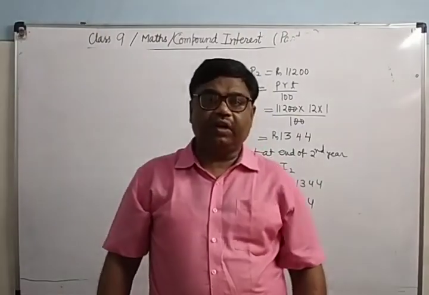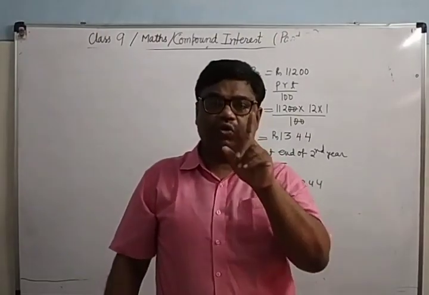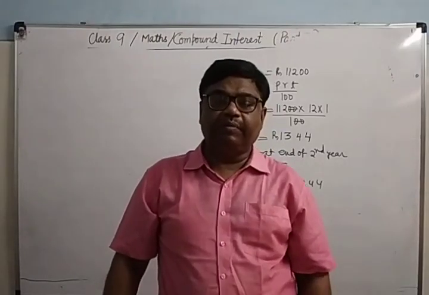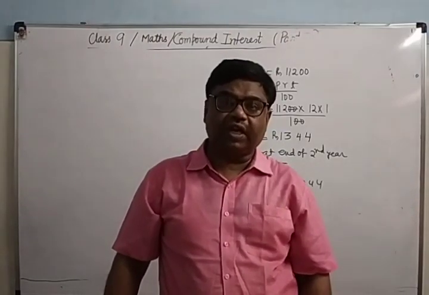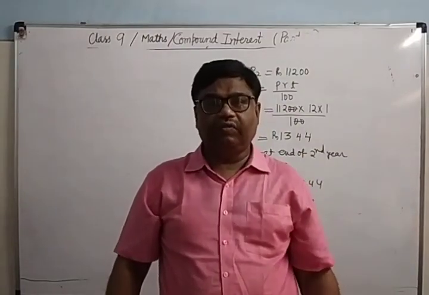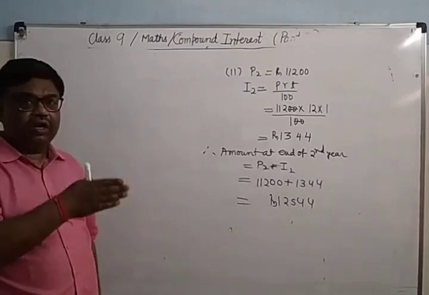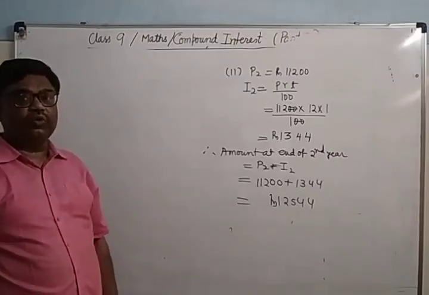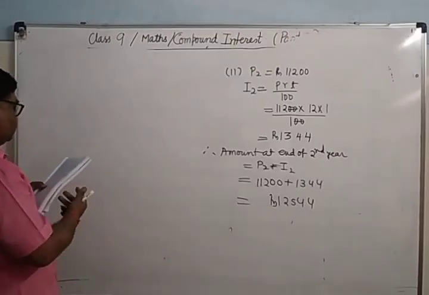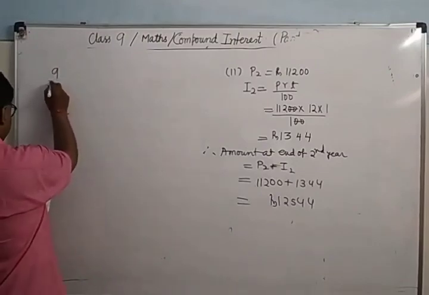When you calculate I1, you will take time 1 year. When you calculate I2, you will take time 1 year. But when we calculate I3, the time we will take is 1/2. You can split it as 1 plus 1 plus 1/2. It's clear?